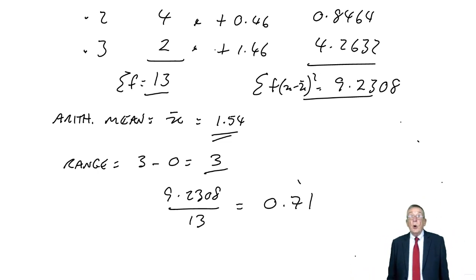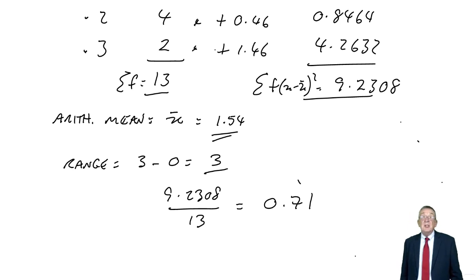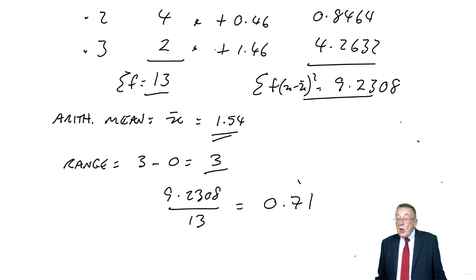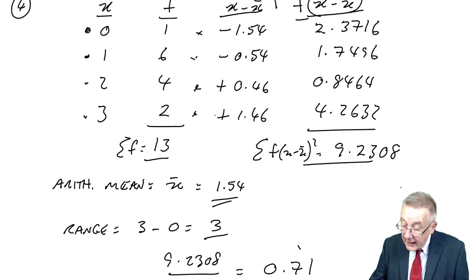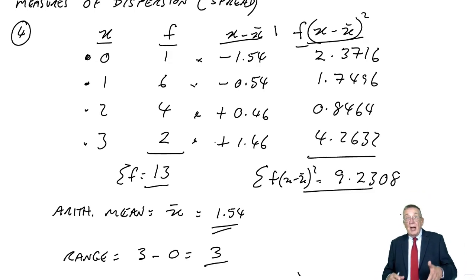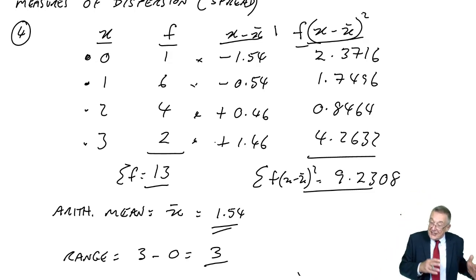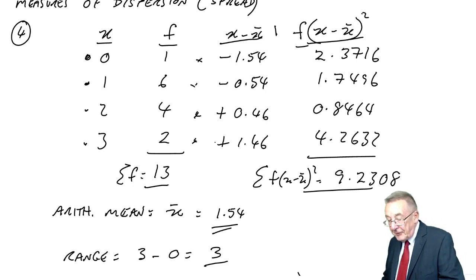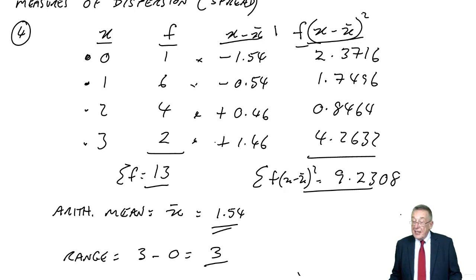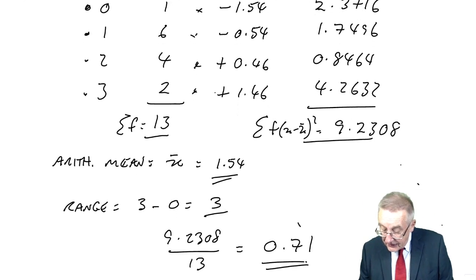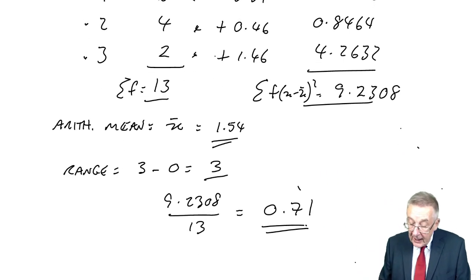So as I said earlier, normally, unless you're told different, do things to two places. What is that 0.71? That 0.71, again, is the average of the squares of these differences. So you know the differences, 0.54, 0.46, 1.54, 1.46. The average of the squares of them is 0.71, and that's called the variance.